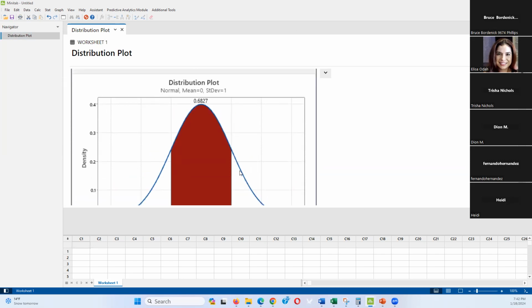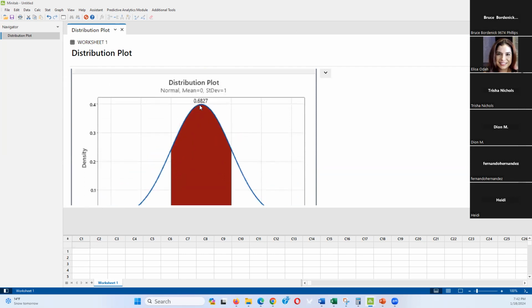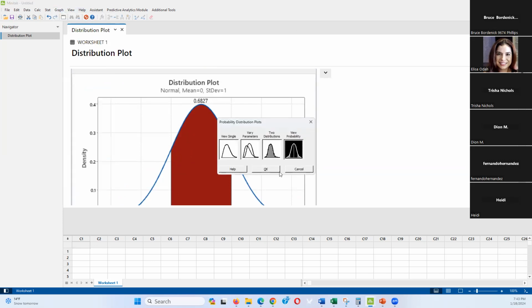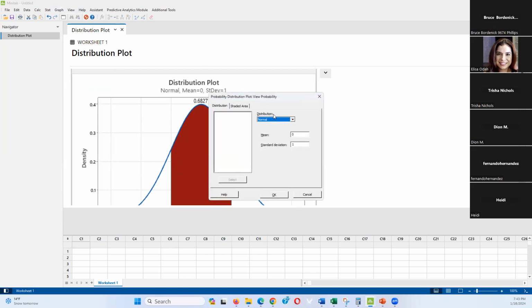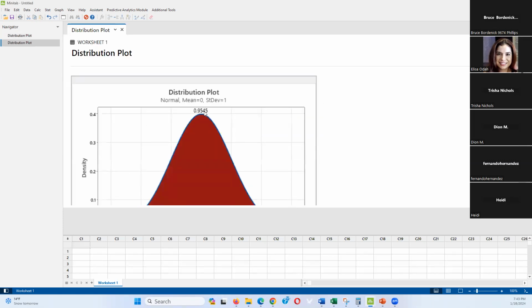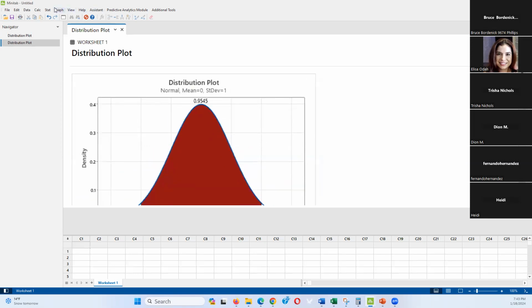I'm just demonstrating the empirical rules. So minus 1 sigma to plus 1 sigma, 68%. Similarly, on the graph probability distribution, I can go from minus 2 to plus 2, and you can see 95.45. So minus 2 to plus 2, and similarly I'm going to demonstrate.